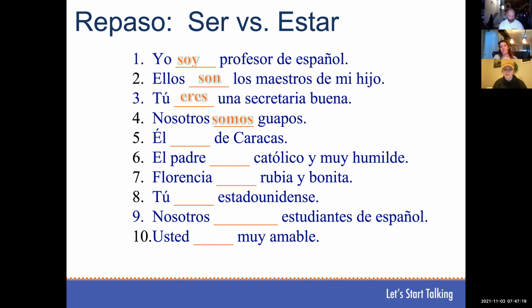You're not entirely wrong with your thinking on this one. Some of these can be used with ser or estar, and it just slightly changes the meaning. If you were to say nosotros estamos guapos, instead of saying we are handsome, we're now saying we look handsome.